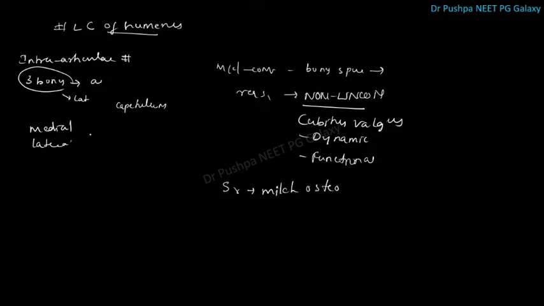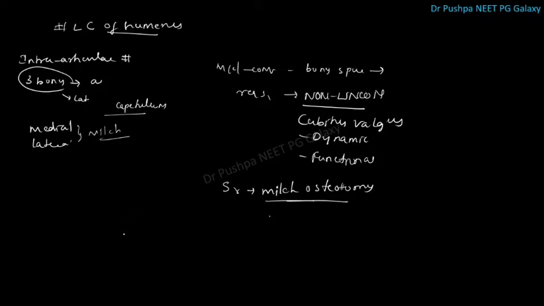Based on the fracture line with respect to the capitulum, this classification is called Milch classification. The surgery is called Milch osteotomy. We should do this surgery as soon as possible to avoid injury to the ulnar nerve, that is tardy ulnar palsy.